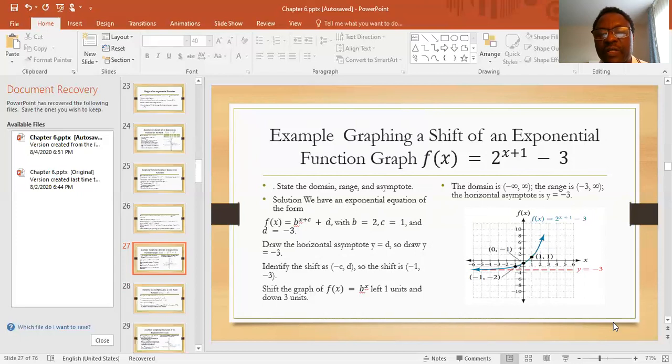Shift the graph of b raised to x left 1 unit and down 3 units. So we get the graph that you can see here. So it is this graph of f of x equals 2 raised to power x, shifted down by 3 units and left by 1 unit.